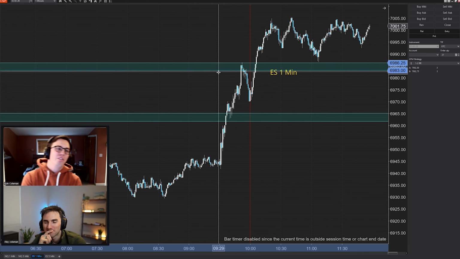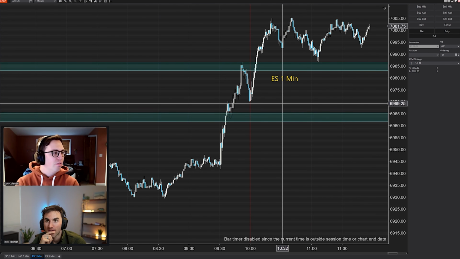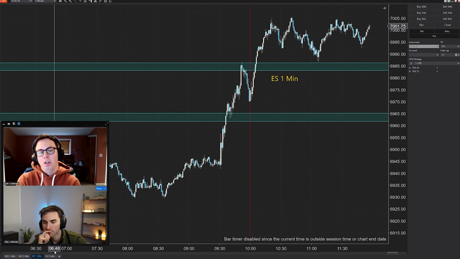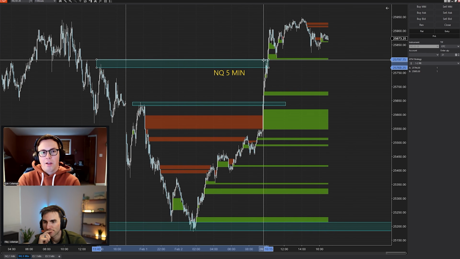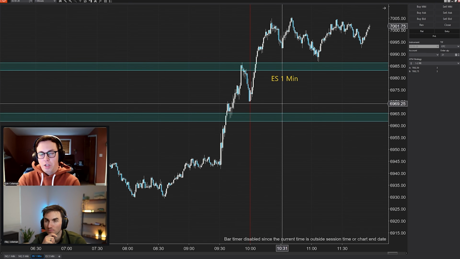Essentially, it's about understanding more how ES and NQ interact and follow each other. If one hits a support zone or a resistance zone and the other's not at that zone yet, do you expect the other to potentially reverse if the first one reverses?